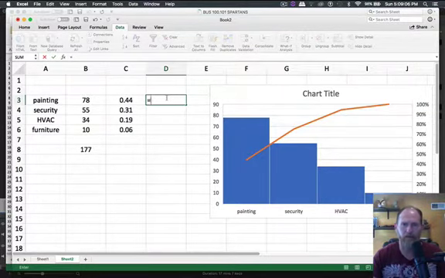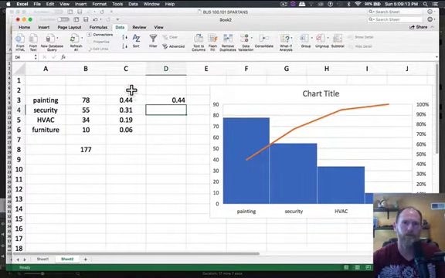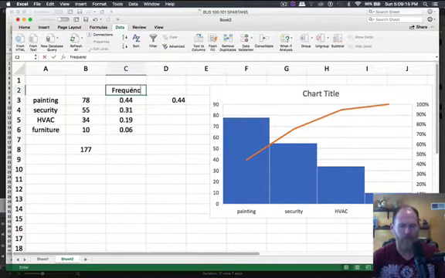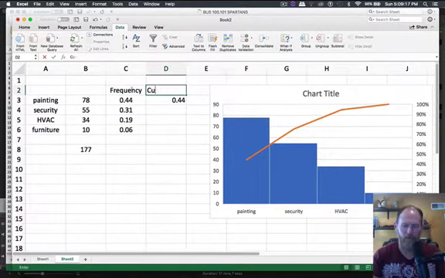So manually, the way that I set up a cumulative column is that this first row is going to be that right there. So if this is frequency, this is cumulative frequency. And of course, this is the number of responses.